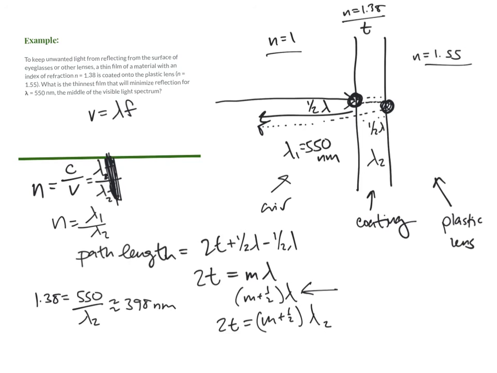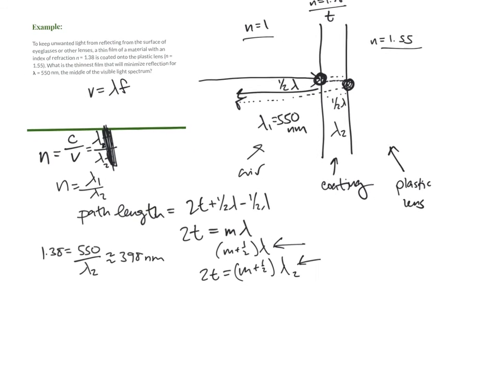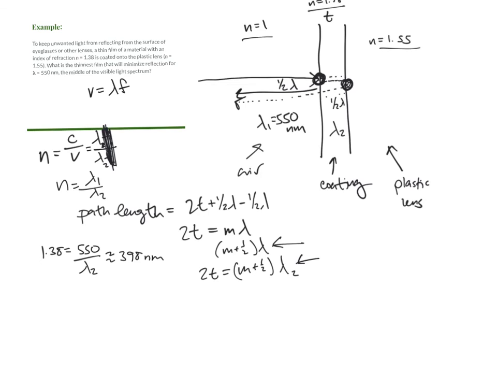All right, so that's going to be your wavelength 2, which you plug into that guy there. So we end up with 2t equals m, which is any integer, plus a half, times lambda 2, which is 398. And all you have to do to solve for t here is figure out what to use for m. And we're looking for the thinnest film, the minimal one.